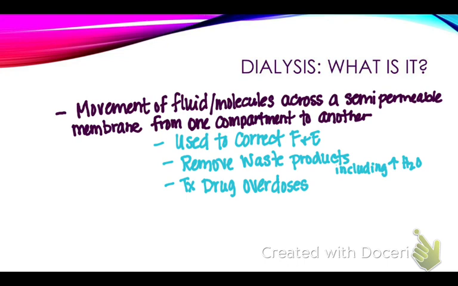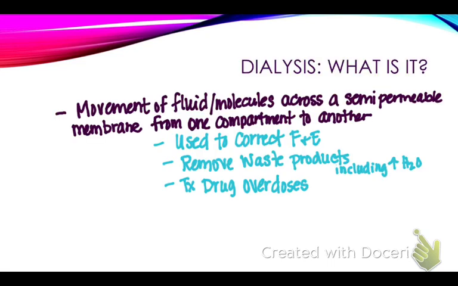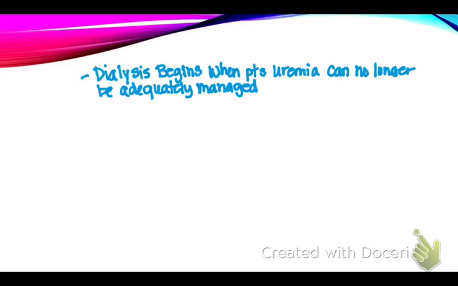Sometimes it is used for treatment of drug overdoses, but a majority of the time it is used when someone is in end-stage renal disease and their body is building up uremia and having some symptoms. Their GFR is low, and sometimes they produce some urine, sometimes none at all. So these are some of the manifestations, and we are going to go more into that.